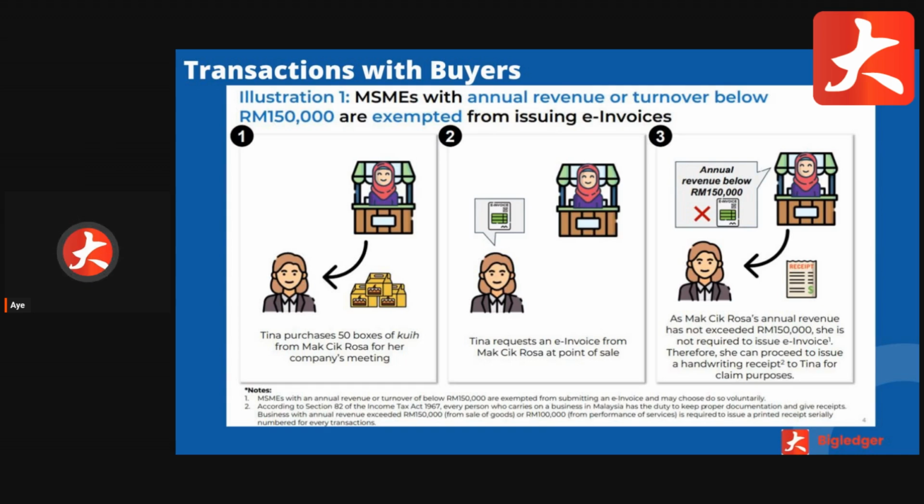So if let's say a buyer purchases something from the MSME, then they go to request, the company can reject and say that they don't implement the e-invoice as their turnover, their revenue is less than 150,000. But they also still can voluntarily implement the e-invoice. Okay, so this is the one illustration.